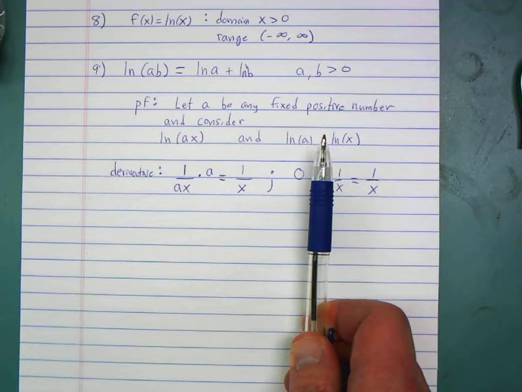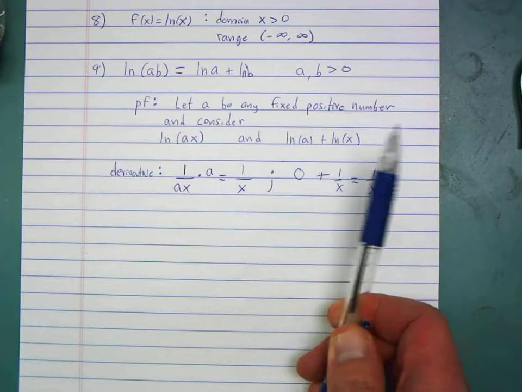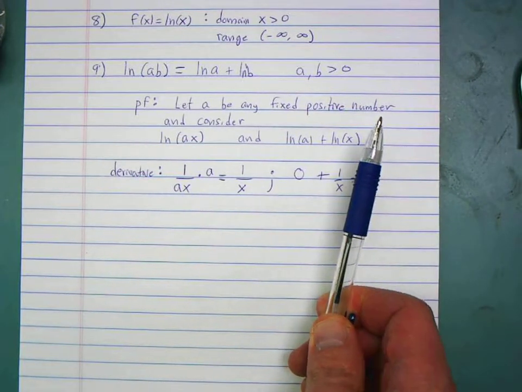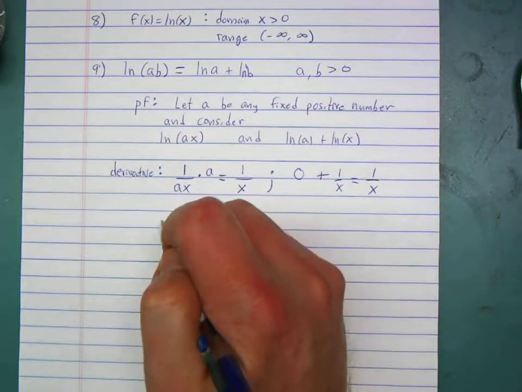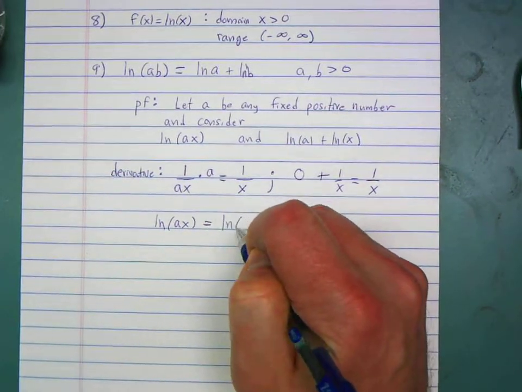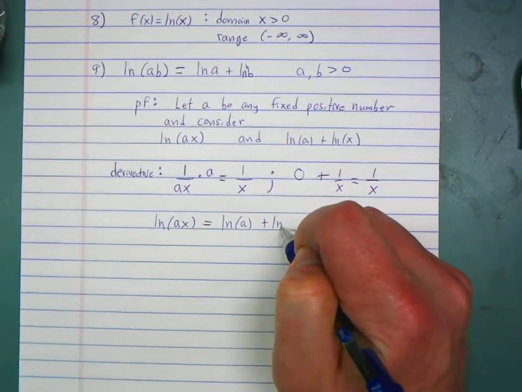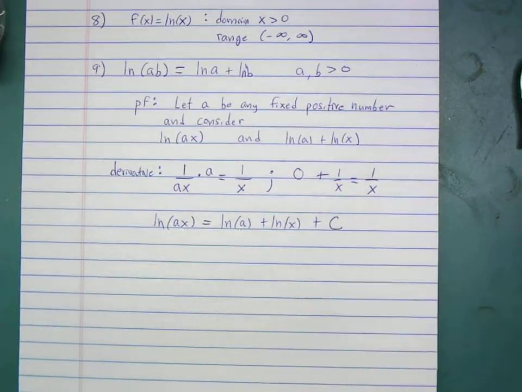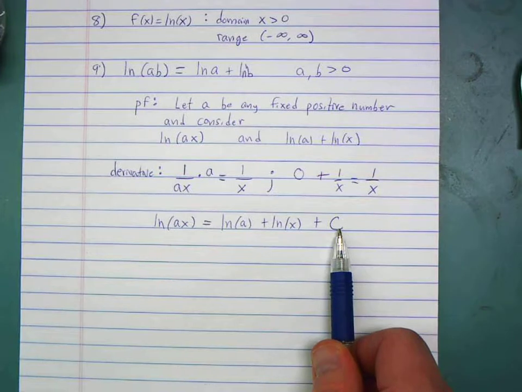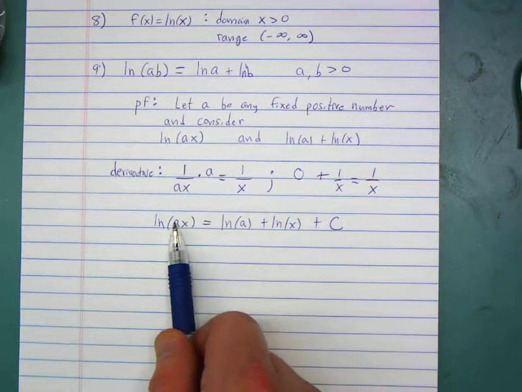So for example, x squared and x squared plus 3 have the same derivatives, don't they? But they're not equal. So what I know so far is that ln of ax has to equal ln of a plus ln of x plus some constant. If two functions have the same derivative, that means they differ by at most a constant. What I'd really like is to show you that this number c has to be the number 0. And if c is 0, then these two things are exactly the same, aren't they?